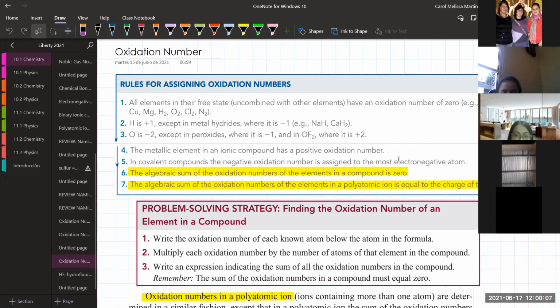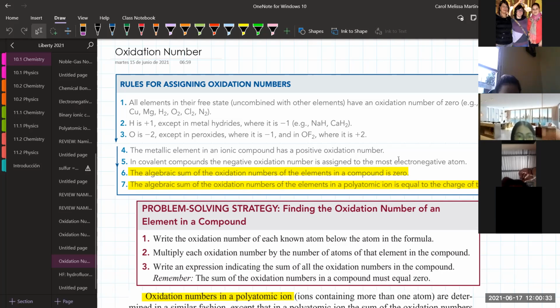Hydrogen is +1 except when it's with a metal. When it's with a metal, it's going to be -1. Oxygen is -2 except in the peroxides where it is -1. And when it is combined with fluorine, then the charge is going to be +2. But that is just one very, very specific exception.